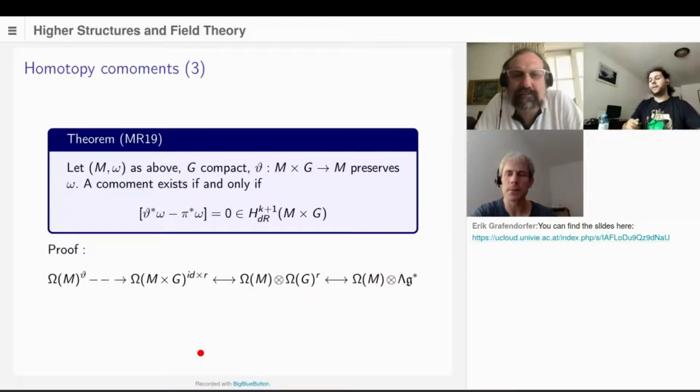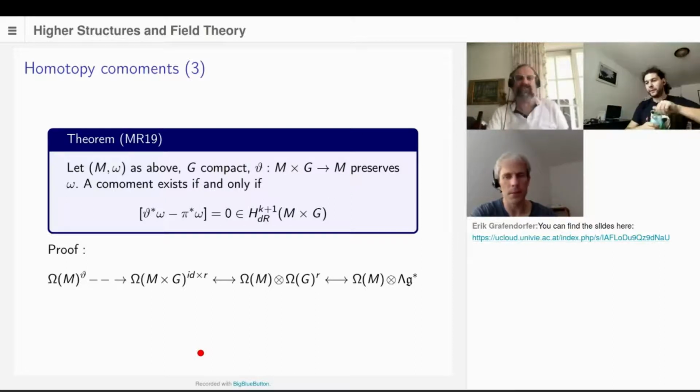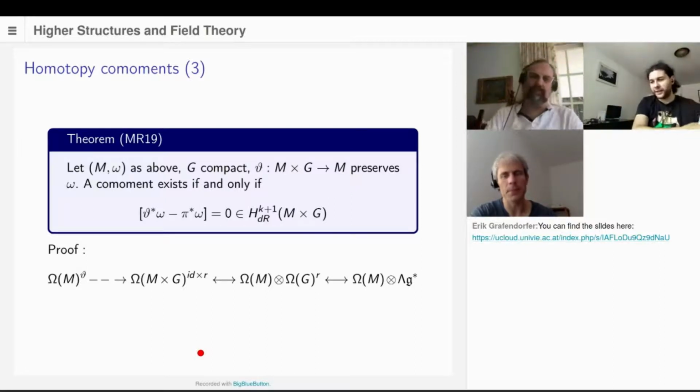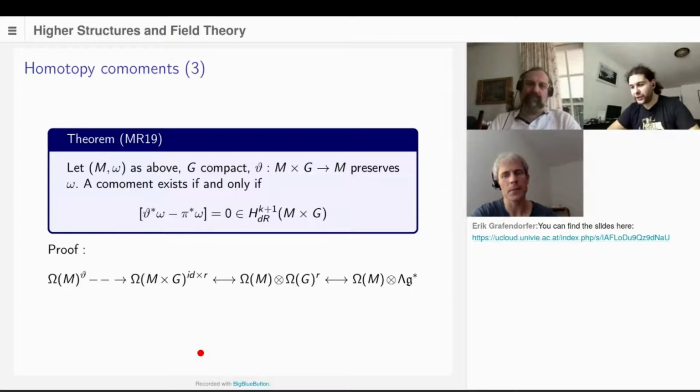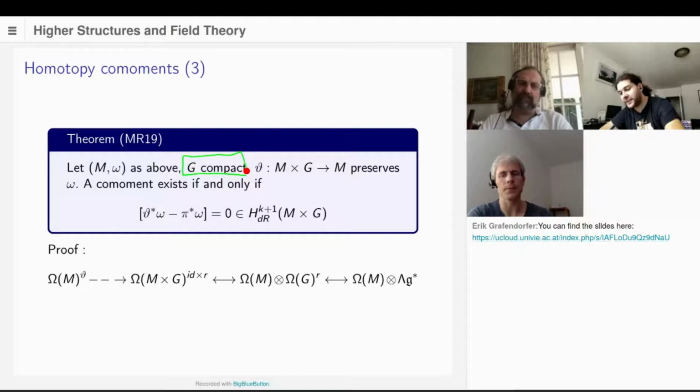Now, with Antonio, a little more recently, we found a very geometric translation of this obstruction class. It's given as follows. We take the case of a compact Lie group because then it's easier to write down the geometric picture, but there is a theorem for the non-compact case too.